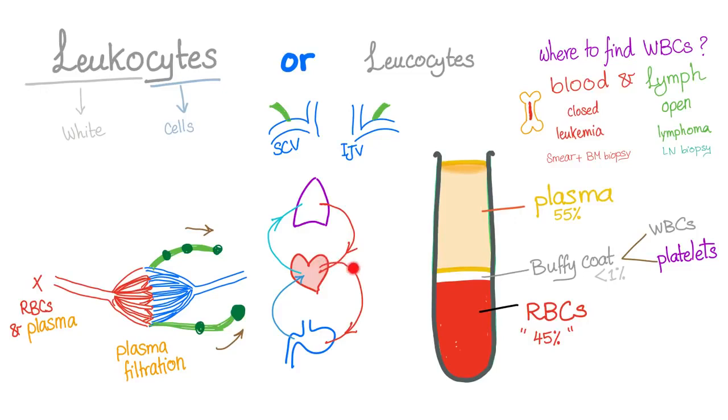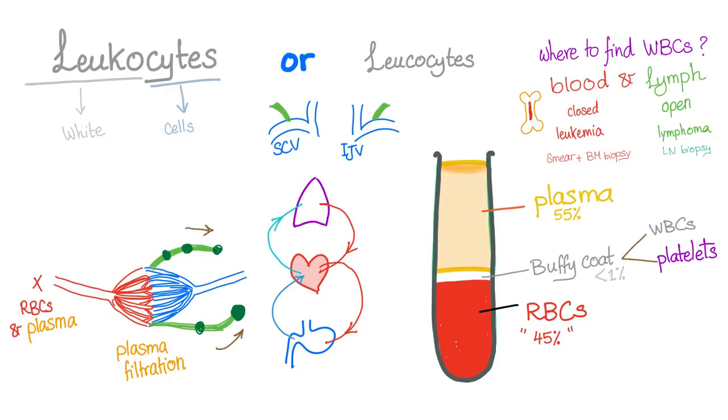Pump it through the aorta to the rest of your body. Then the rest of your body uses oxygen and produces CO2, goes to the superior and inferior vena cava to the right side of your heart. Welcome back home. Starts in the heart, ends in the heart, closed system, that's the blood.